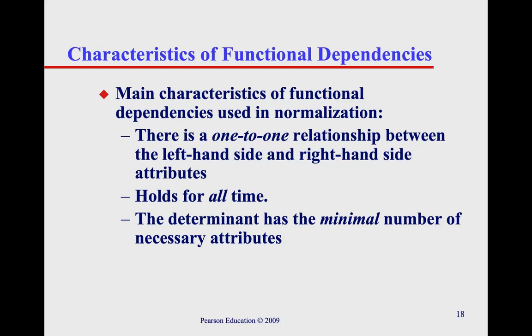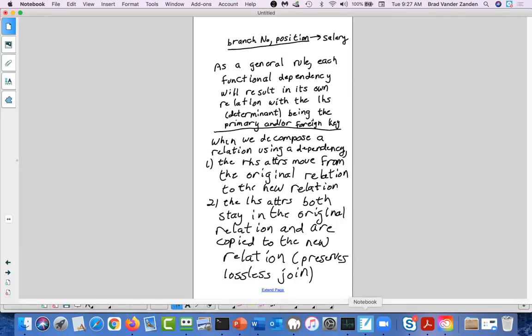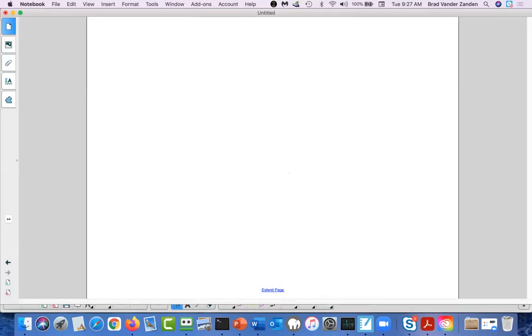So it is a function in the classical sense, where f of a equals b, and there is one and only one value of b for each value of a.